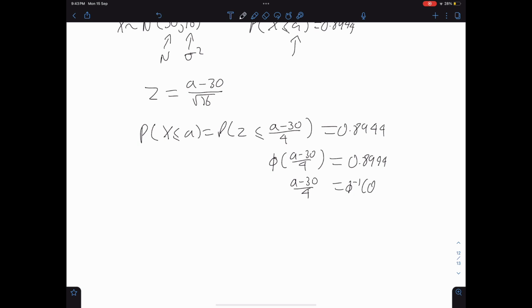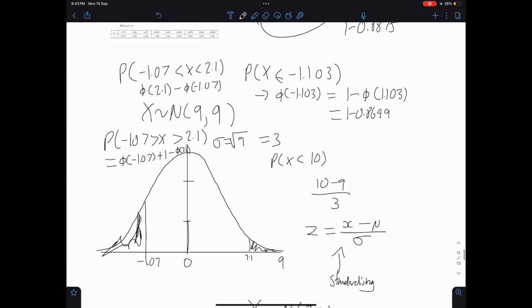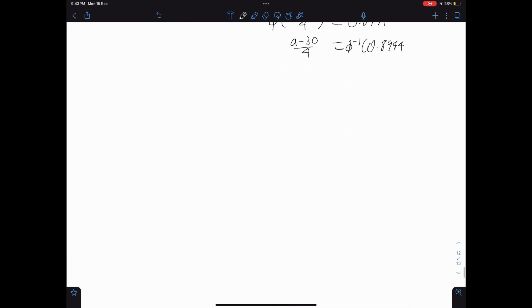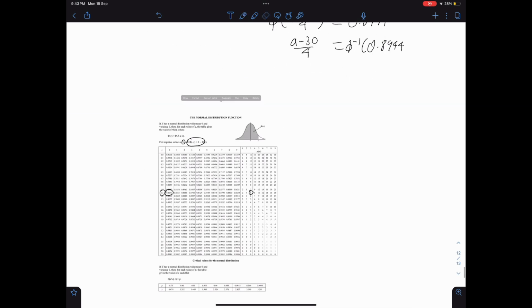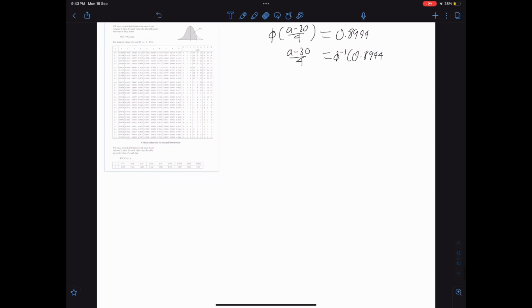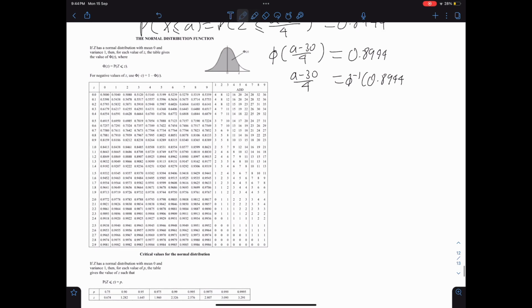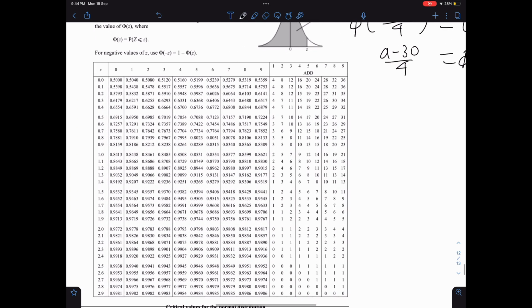And so what this means is, if I just bring down this table of z values, we basically look for 0.8944 on the table and then give it the z values. Here it is. That's 1.25.